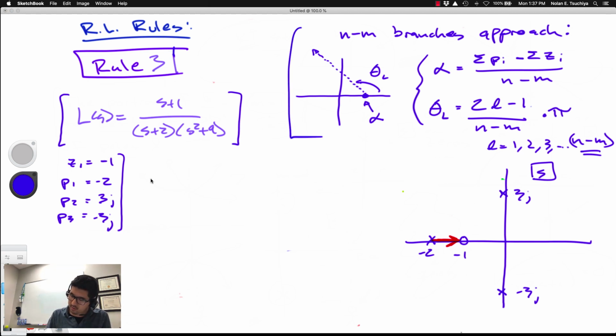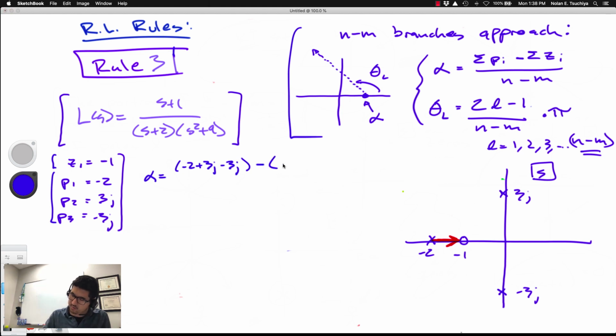What we have to do is compute alpha. To compute alpha, you add up all the poles. I have them neatly arranged here, p1 through p3. So I add those up: -2 plus 3j minus 3j.